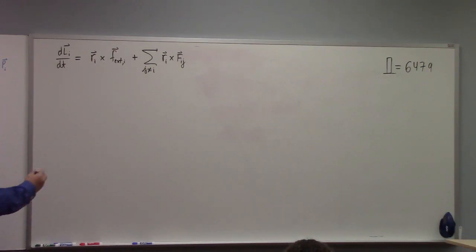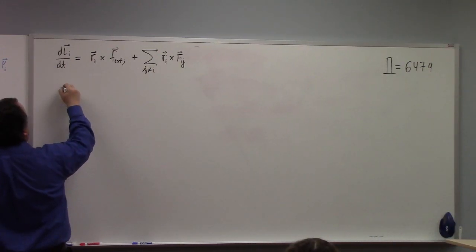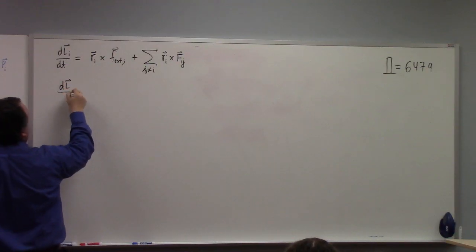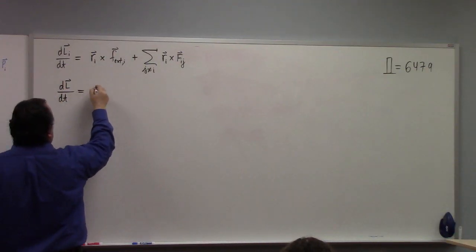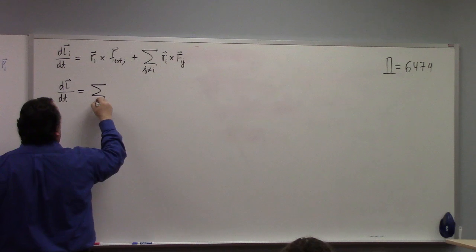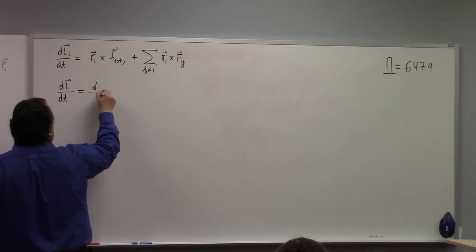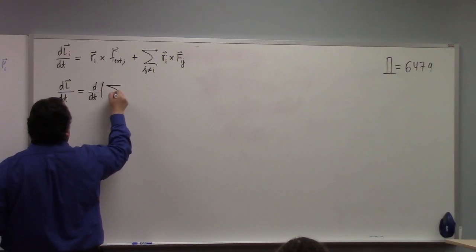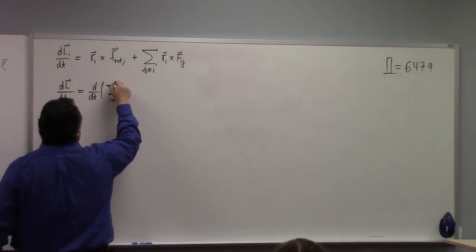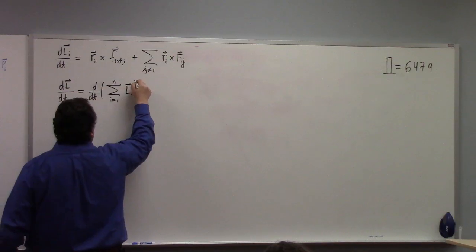So what would dL dt be? dL dt would be the sum. Well, I'll do 2 steps here. We're talking about d/dt of the sum i equals 1 to n of L sub i vector.